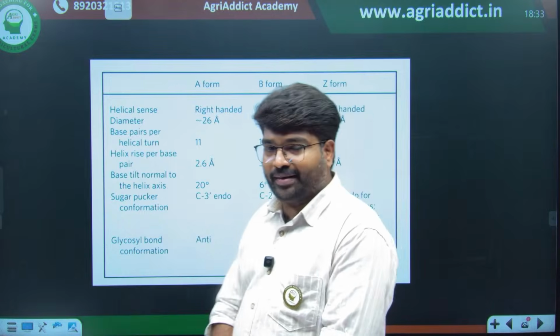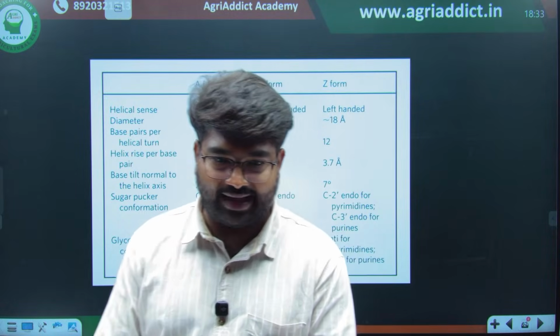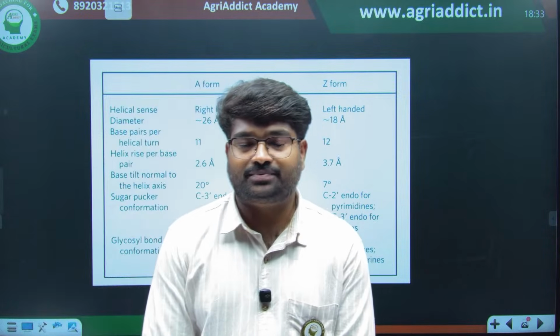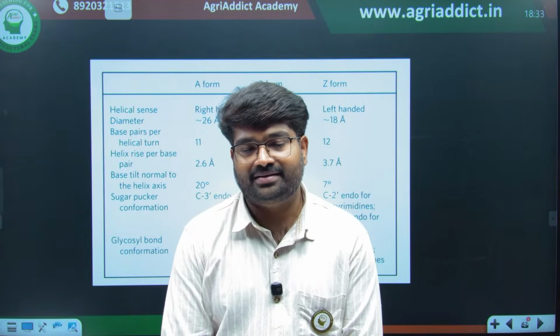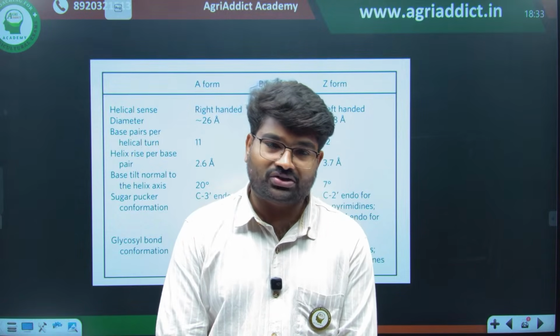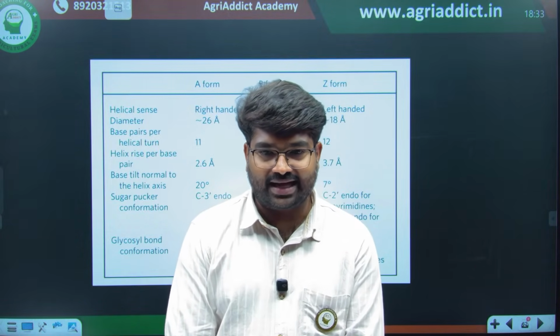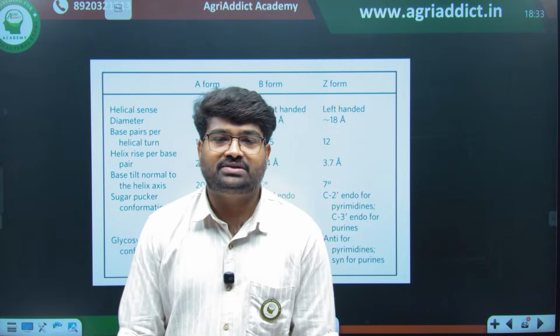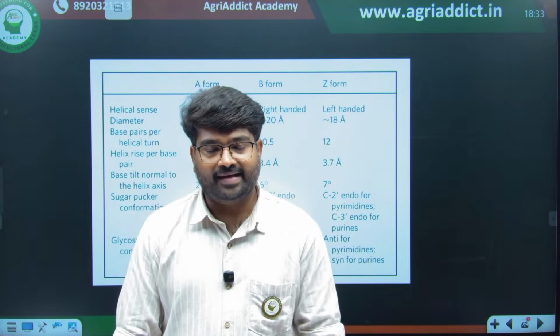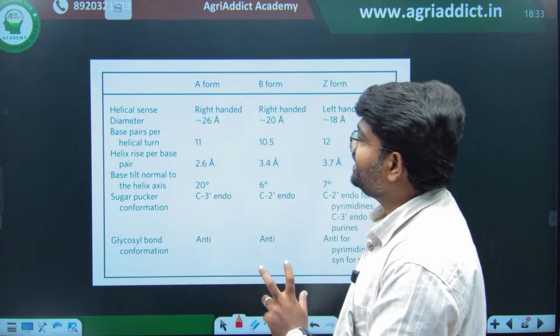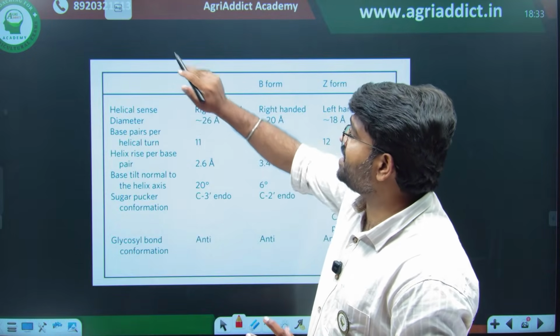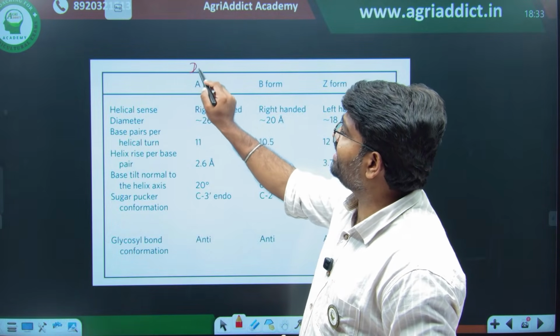Now we are coming to discuss the actual thing. What is the key importance between A DNA, B DNA and Z DNA? What questions will they ask? We will discuss here. There are three predominant forms of DNA: A DNA, B DNA and Z DNA. A DNA will be highly present in dehydrated condition.